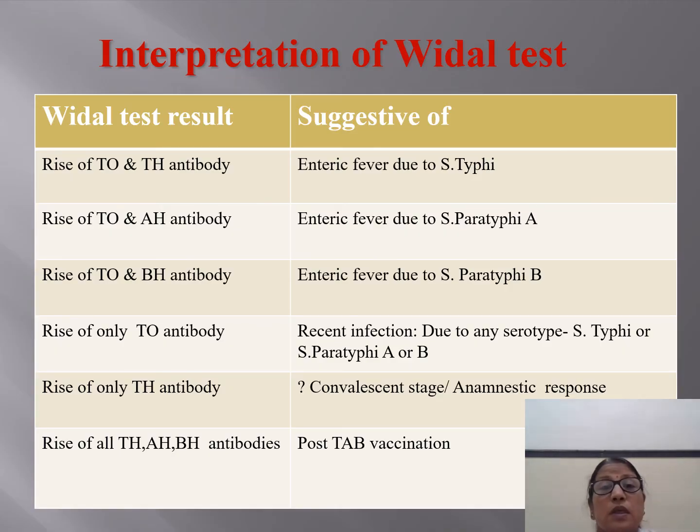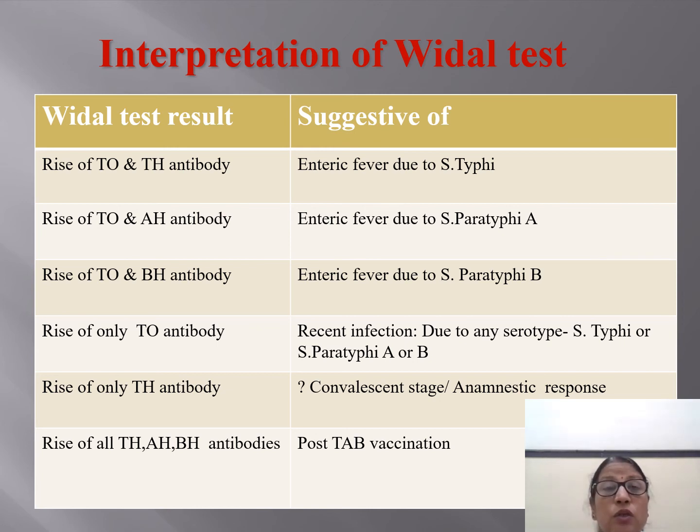So this is a chart showing rise of TO and TH antibody. This is suggestive of enteric fever due to Salmonella typhi. Means if both antibodies against O as well as H antigen are rising, this is indicative of enteric fever due to S. typhi.